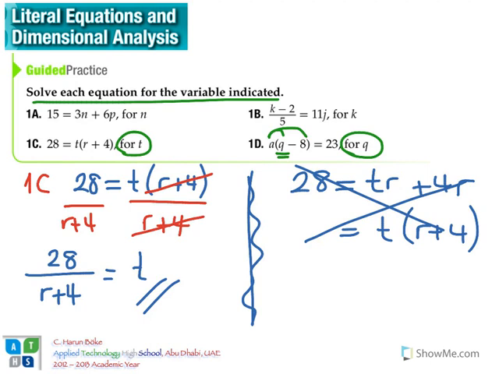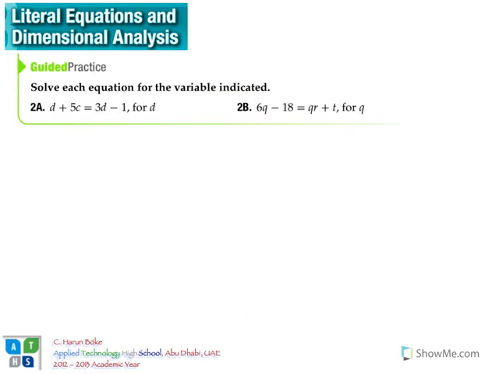Now one more example. In 2a, we have d plus 5c equals 3d minus 1. Now we have to solve this for d. Hence, you see, both sides I have d. I have d on the left hand side and 3d on the right hand side.